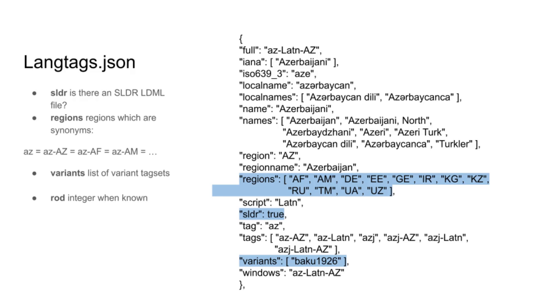And this basically says you can slot this variant in, everything else is the same, and you just put this Baku 1926 and you get a completely different tag set. We didn't put every tag set in unpacked. We leave you to do that programmatically. And this enables you to find yet more tag sets.